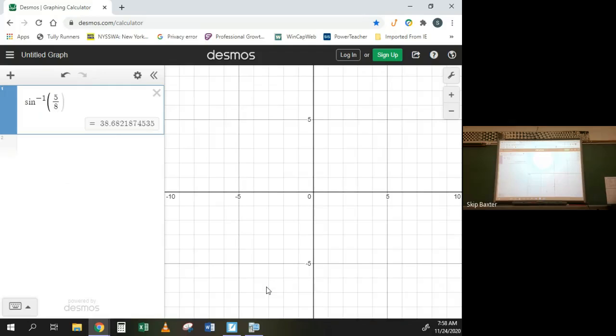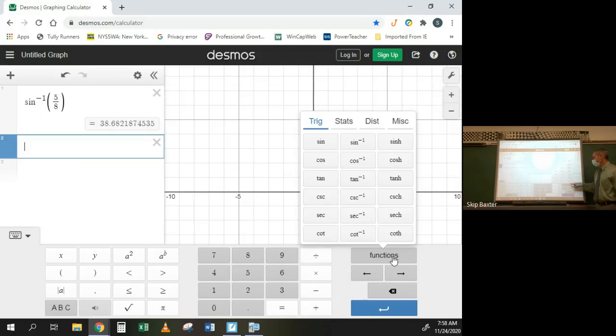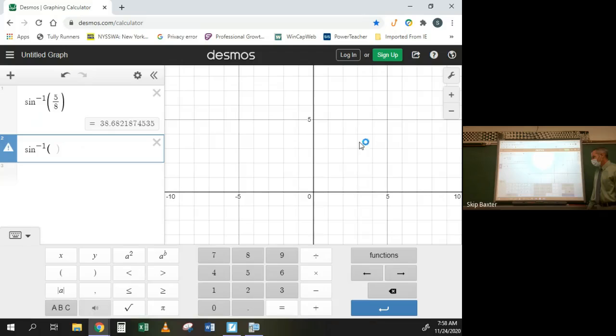Okay? Another way you can do it though is if you press this little keyboard button on your Desmos calculator, it actually gives you all these things yourself. There's an exponent button right there. And if you press this function, there's actually a sine inverse button right there. So you could just type in sine inverse and then 5/8.